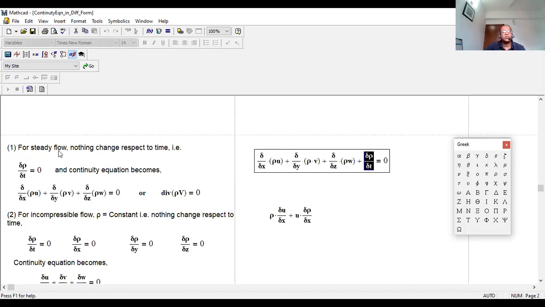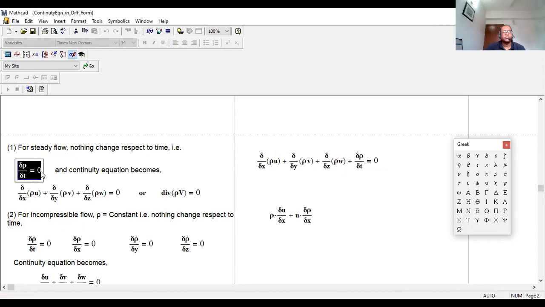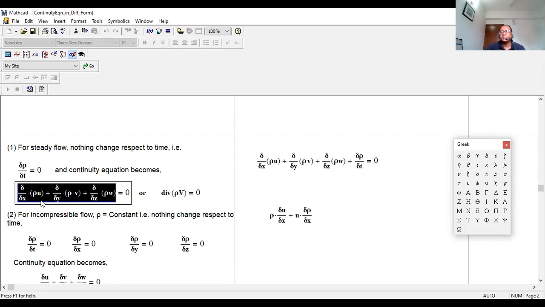So for steady flow, nothing is changing with respect to time, so this term will be 0. Then, to express it in simplified form, you can say divergence of ρV equals 0. This is called divergence.